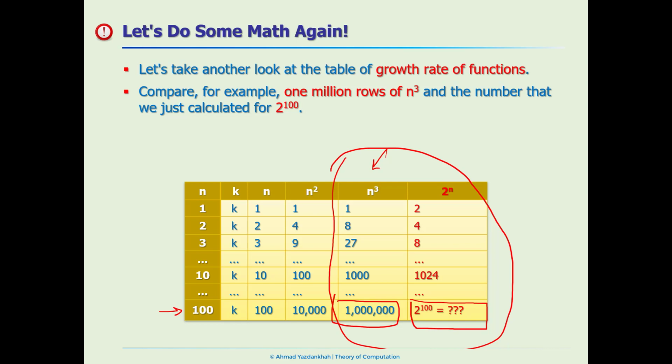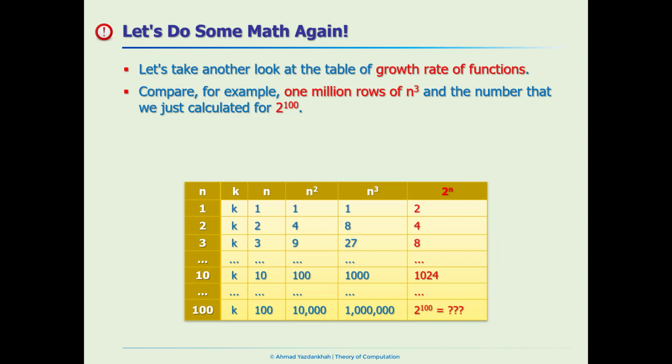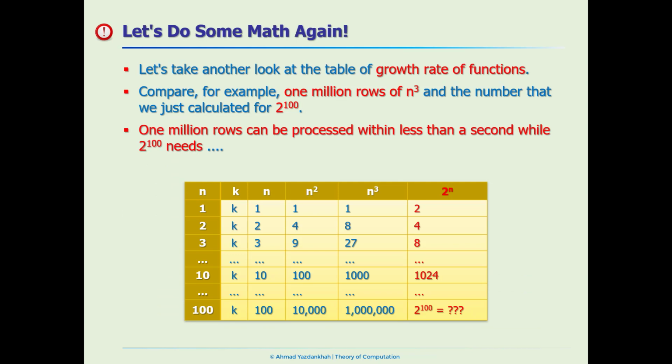So if we have 1 million records, and we use the same computer, it will be processed in less than 1 second. But if we use another algorithm which is exponential, it takes centuries and centuries and centuries. I put it here to show you how horrible these exponential algorithms are.